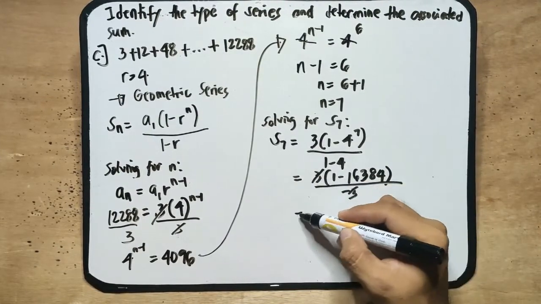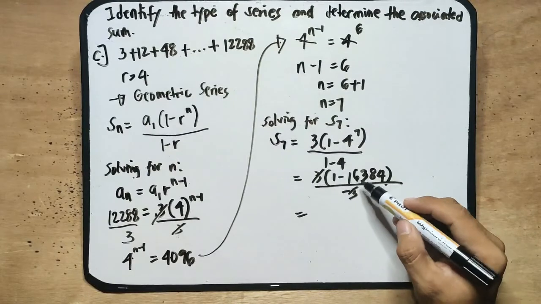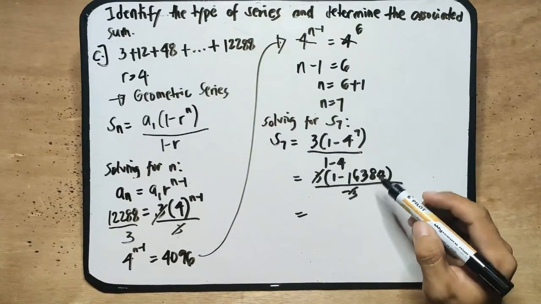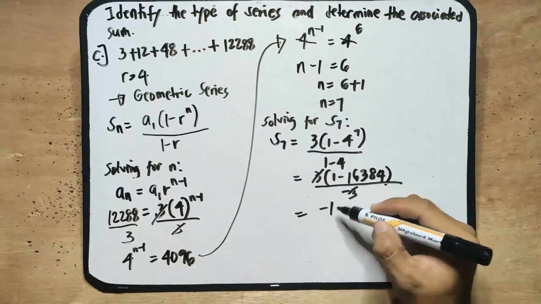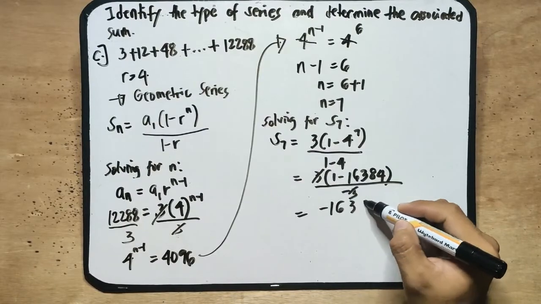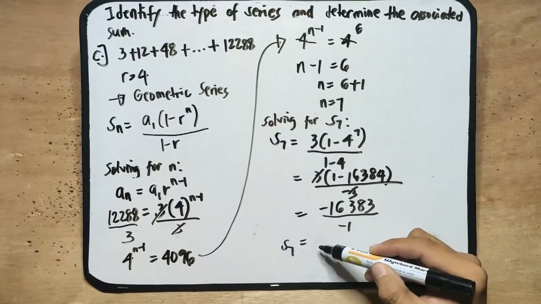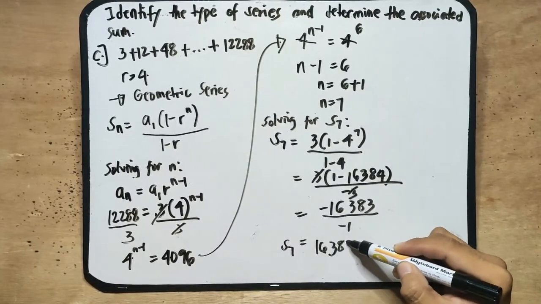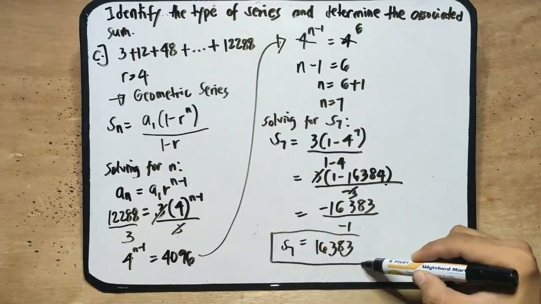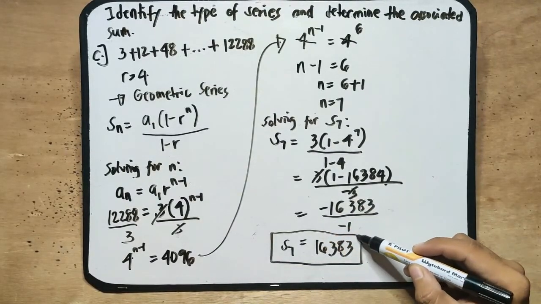The 3s cancel, leaving negative 1 at the bottom. So 1 minus 16,384 is negative 16,383, divided by negative 1, is 16,383. So therefore, this is the associated sum of the given series.